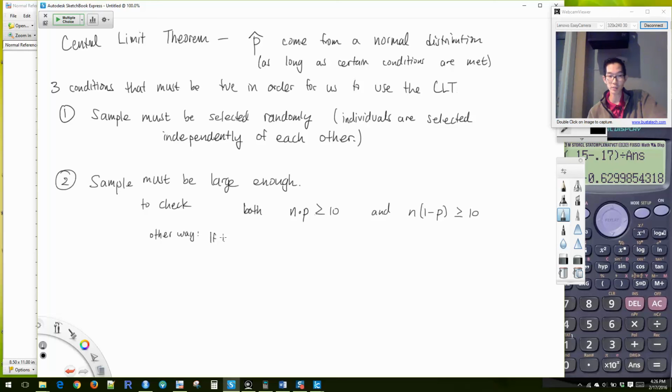If you are not given p, but you are given counts instead, then you must have at least 10 successes and at least 10 failures.